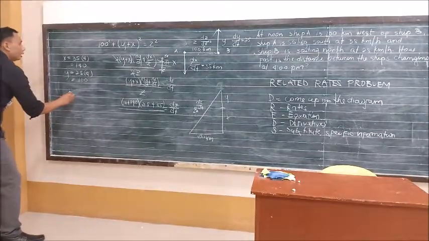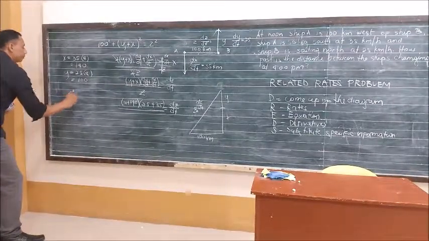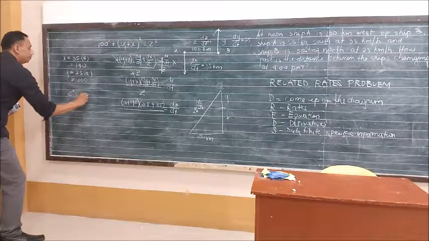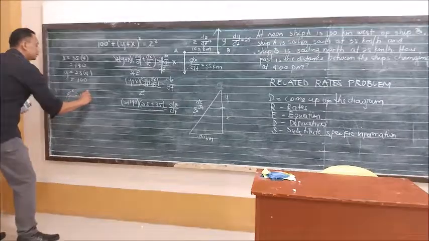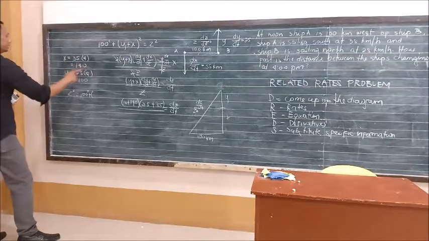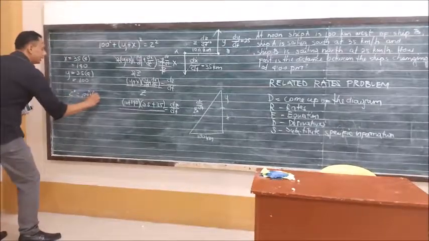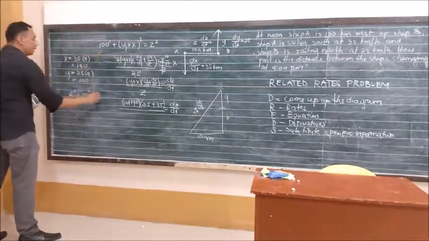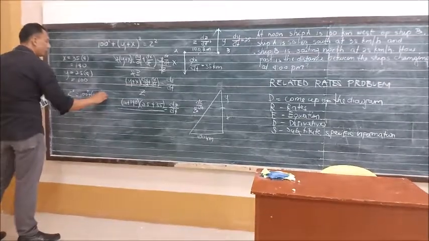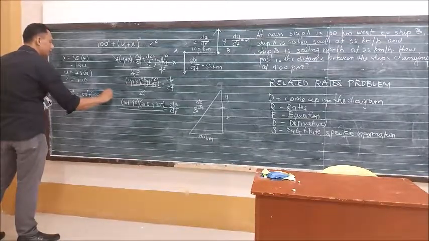So this is z squared equals 100 squared plus the value of y as 100, and the value of x is 140 squared.